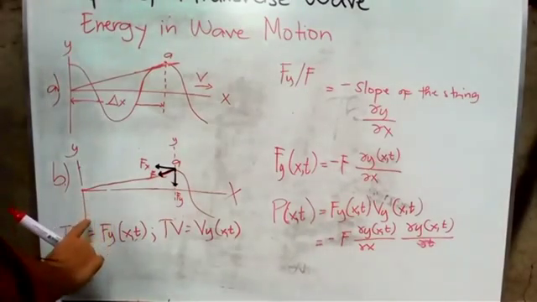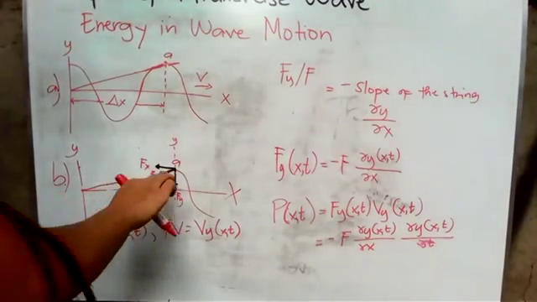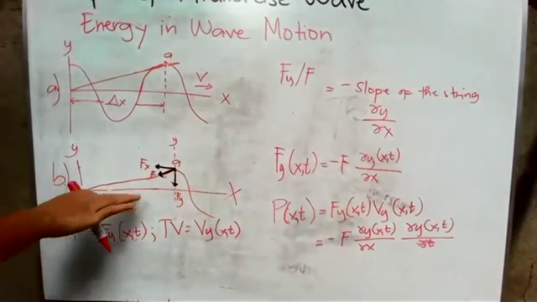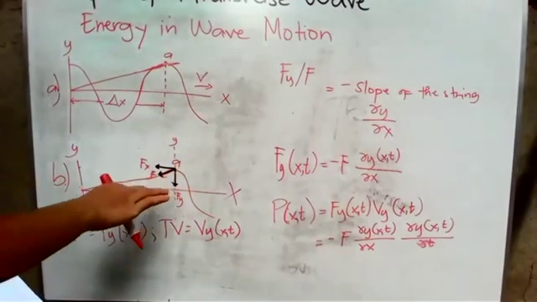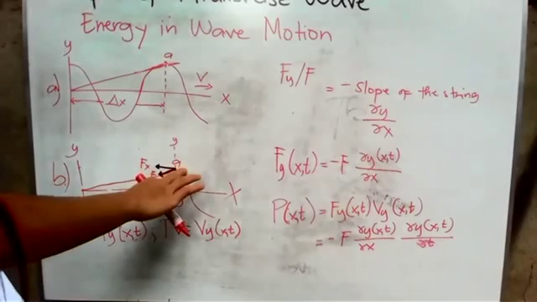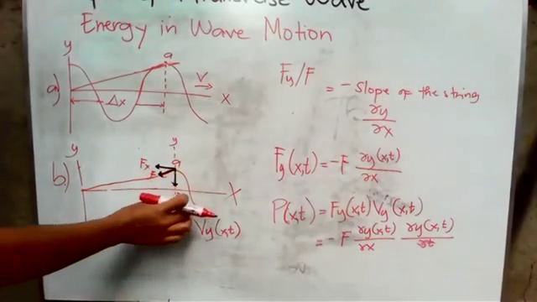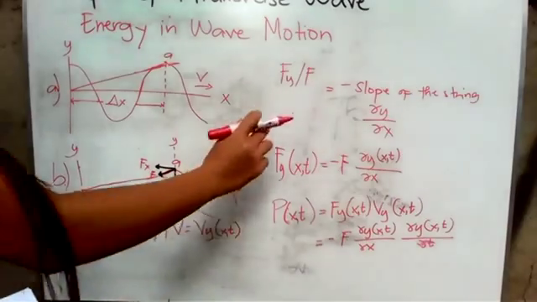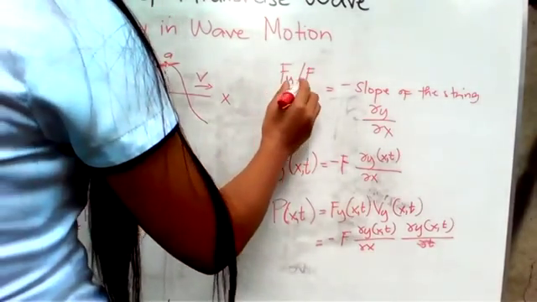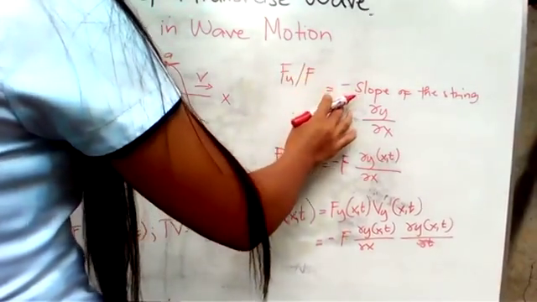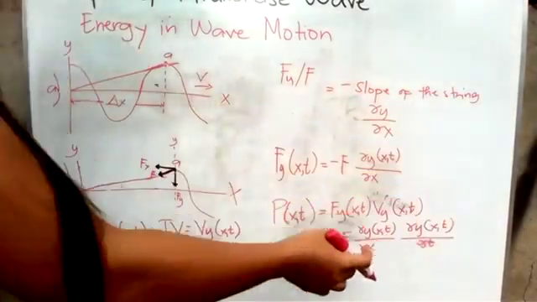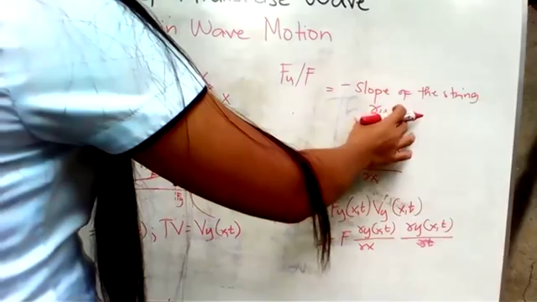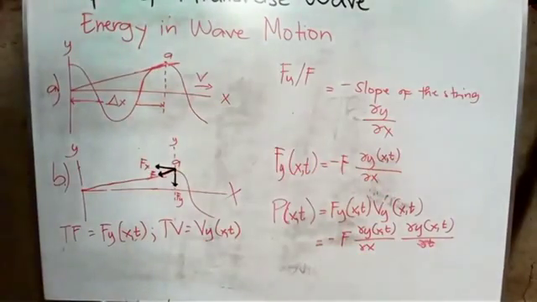In figure B, the string to the left of point A has been removed, and the force it exerts at A is represented by the components Fy and F. Note that Fy over F is equal to the negative slope of the string, which is also given by the partial derivative of y with respect to x.